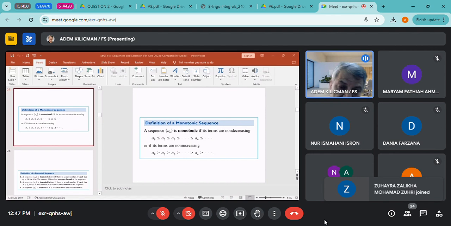Every convergent sequence is bounded; any unbounded sequence is divergent. Later on, we will see some examples. Now, boundedness together with monotonicity is equivalent to convergence.